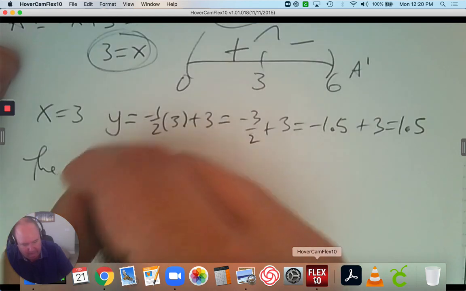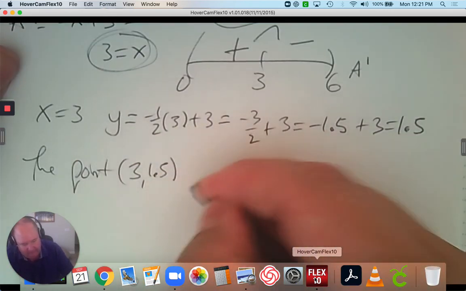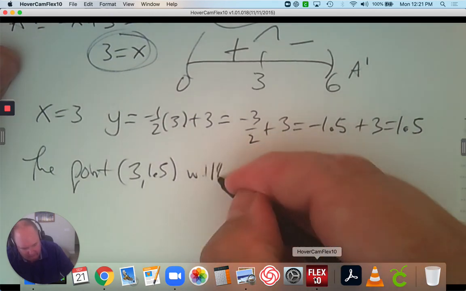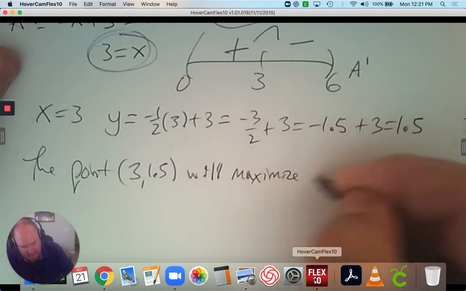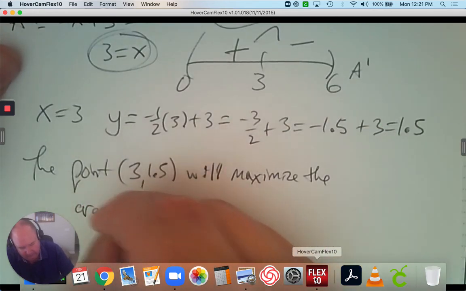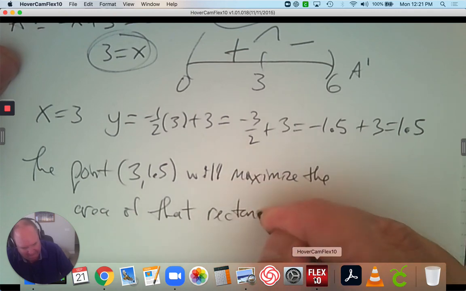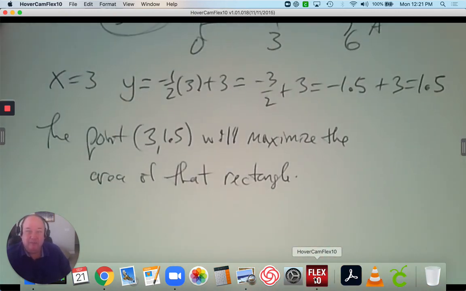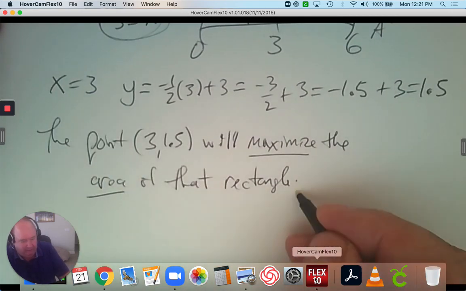So the point 3, 1.5 will maximize the area of that triangle? Rectangle. So the point 3, 1.5 will maximize the area of that rectangle. Done.